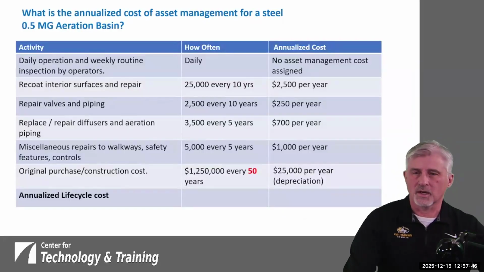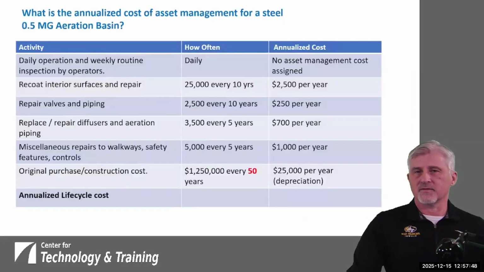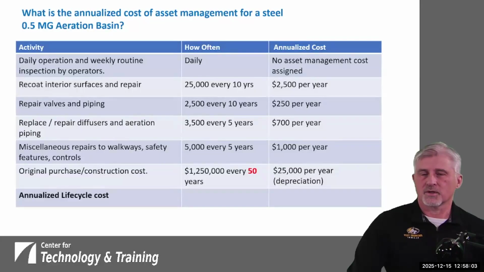This table shows us a list of the different activities that we might take on that basin. It gives us a frequency, how often we might have to do that activity, and then it gives us an annualized cost.